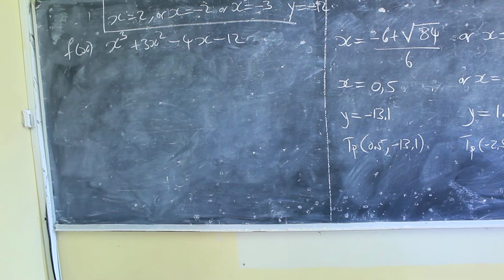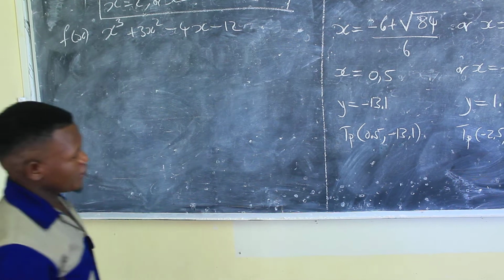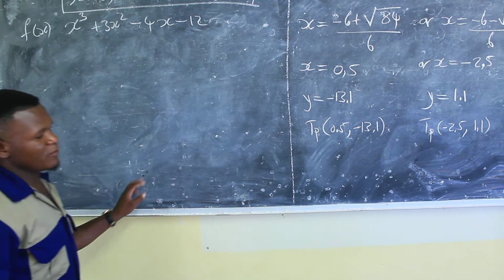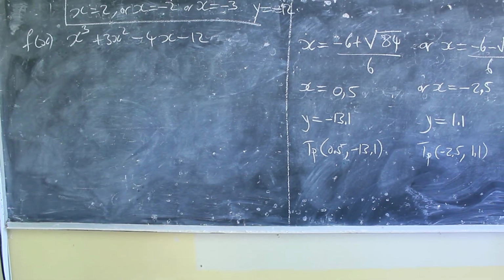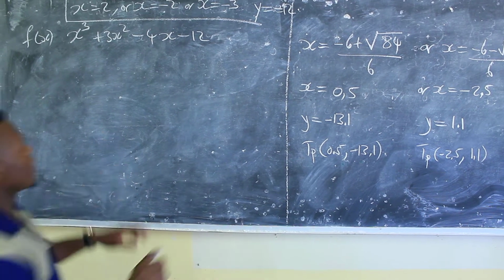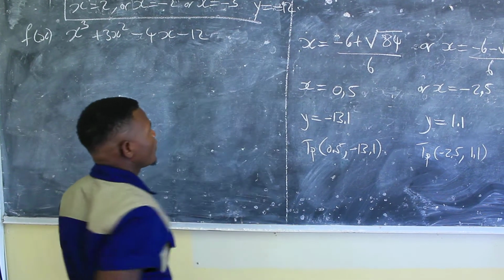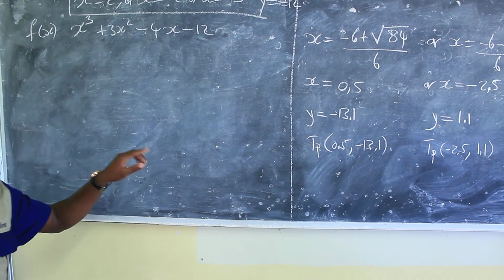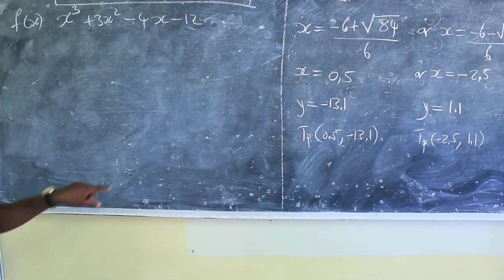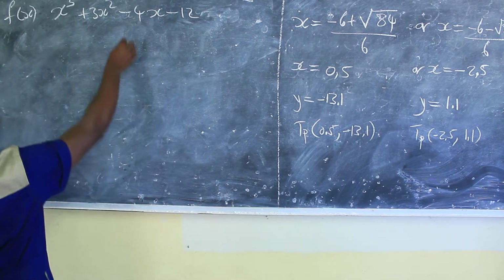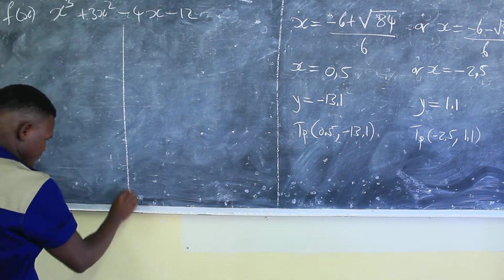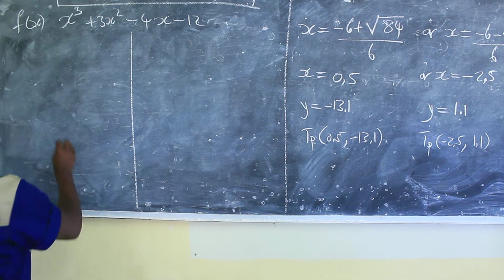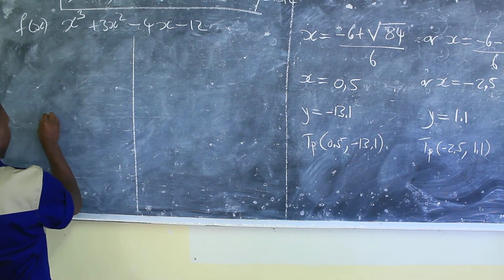So it's very important to know the highest point or the maximum and the minimum point. Probably we already know that if the line has to cut y at negative 12, that means negative 12 must be included in the graph. Okay. So let's say we need to be smart with our intervals here.